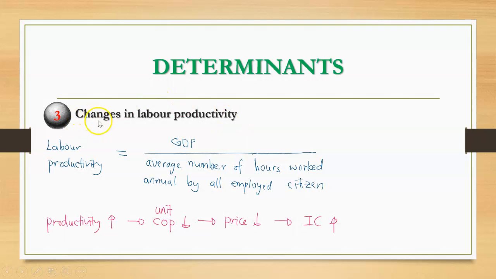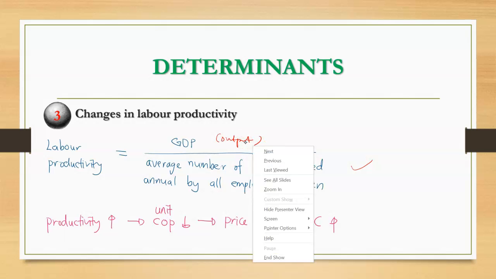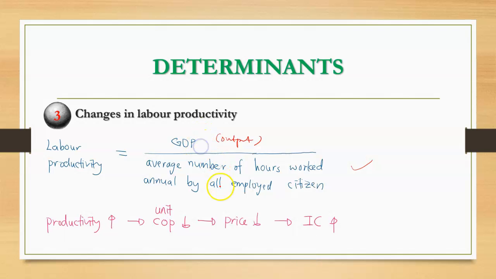Okay, next, changes in labor productivity. For changes in labor productivity, you are looking at what labor productivity is. So I put a formula of labor productivity here. Labor productivity is determined by how much your labor can produce as a whole, which is your output that is ultimately consolidated into counting your GDP, over the average number of hours they actually work.